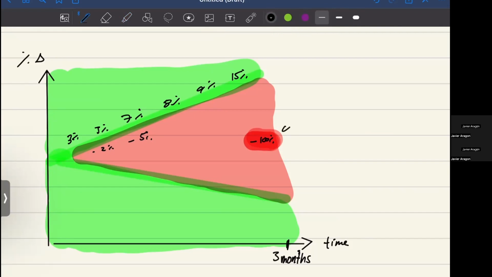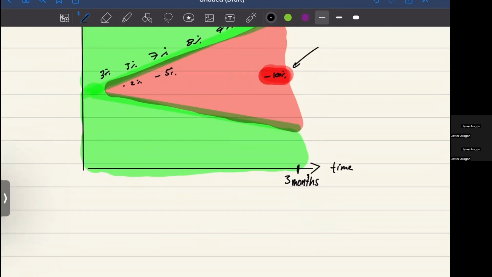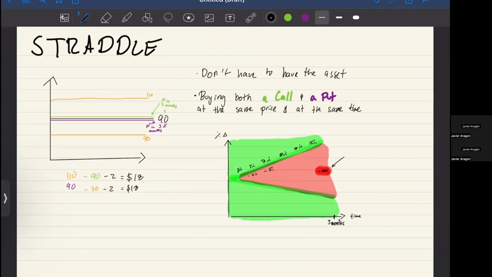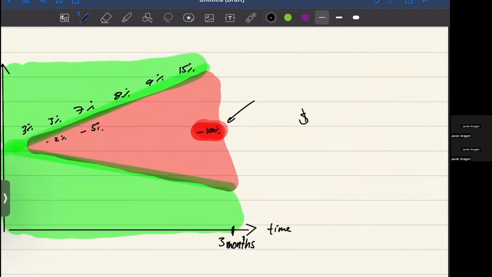And there's a point here at the date of expiration, where if you let your options expire, you're going to lose 100% of your investment, which was $4 in this case, because your investment's $4 for both call and put.